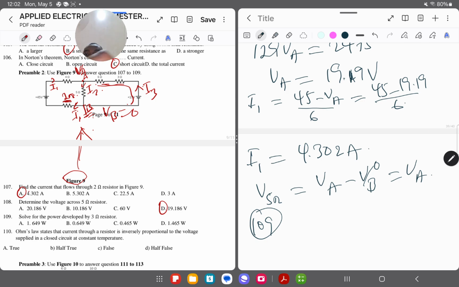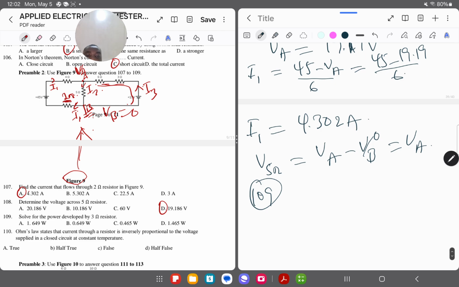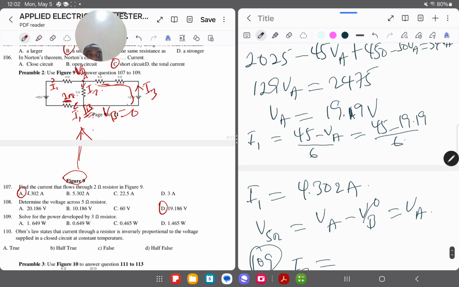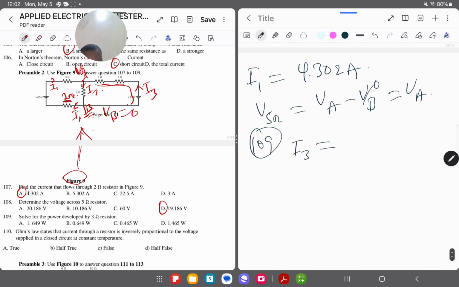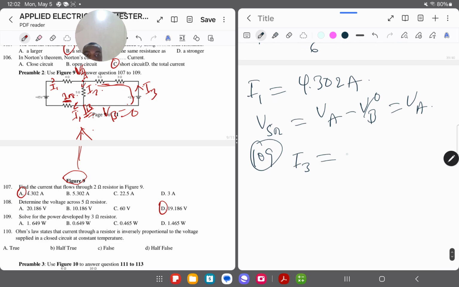I3, right? So to get that I3, we already know that I3 will be equals to, again, we come to this, was 15, right? When you take the potential difference, which is 15 minus VA, divided by the resistors that are in series with each other.